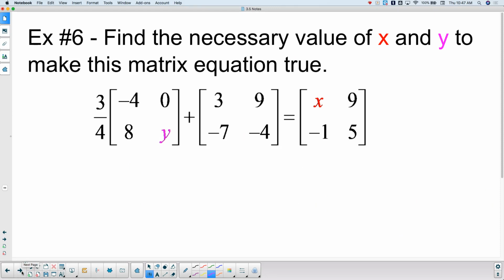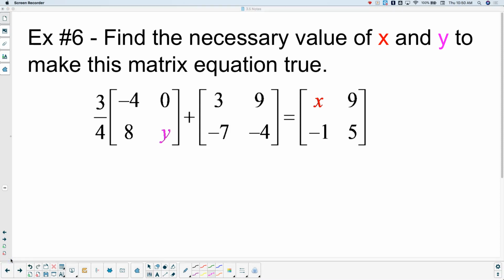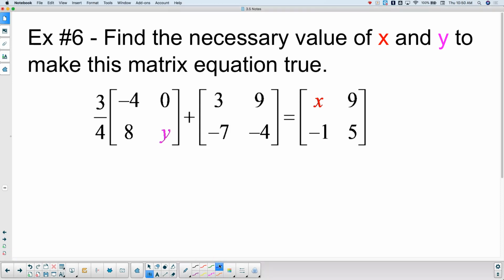Find me what x is, find me what y is. So if I combine the left side matrices, I would first multiply this entire matrix by 3/4.